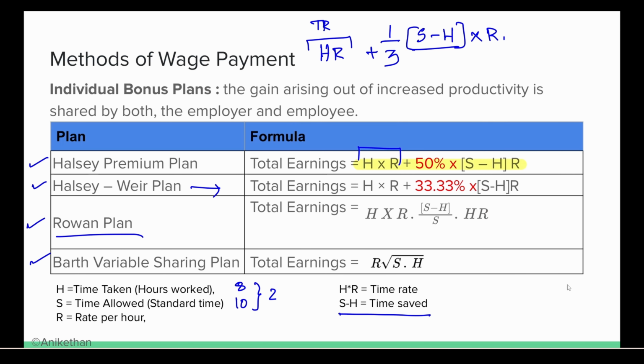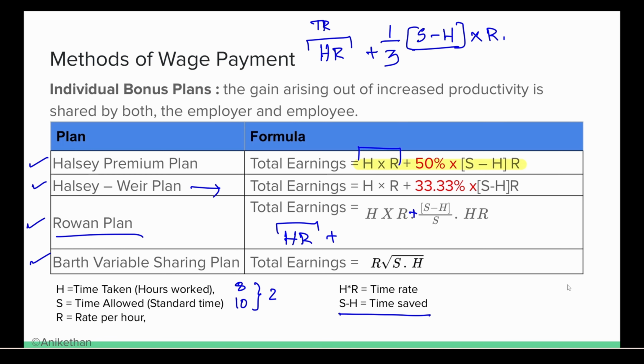Next is Rowan. What Rowan did, Rowan was very intelligent. He thought, why do I have to give a third or half? What I will do with respect to the standard, whatever he is saving, I'll give him that and the remaining I will keep. So in this case, first he will have guaranteed time rate plus the time saved with respect to the standard, whatever it is, that will be given to the employee and the remaining will be retained by the employer.